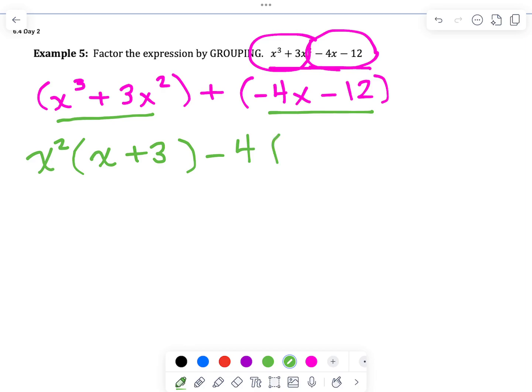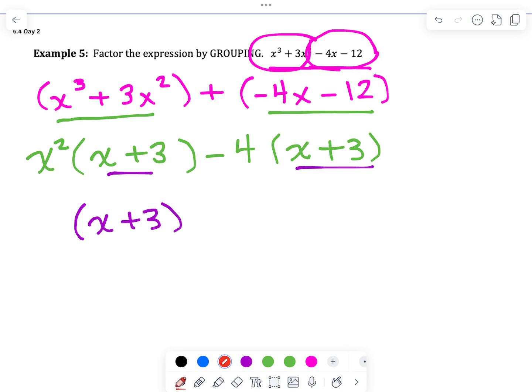So we're left with x plus 3. If you've done this problem correctly every single time, the parentheses will be the same. And we call that the new GCF. So the x plus 3's are the GCF of that expression. So we take out the x plus 3, and then we're left with x squared minus 4.